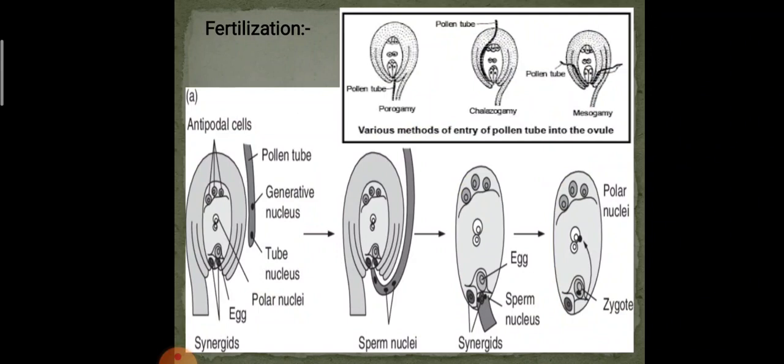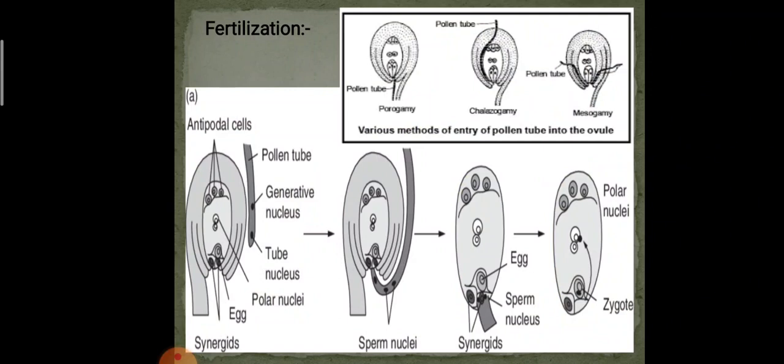After pollen pistil interaction, our second event takes place. That second event is known as fertilization. Fertilization means fusion of male and female gamete. It takes place after pollen pistil interaction, and there are various methods of entry of the pollen tube into the ovule.